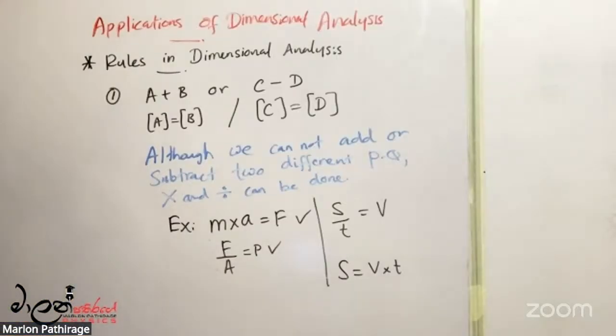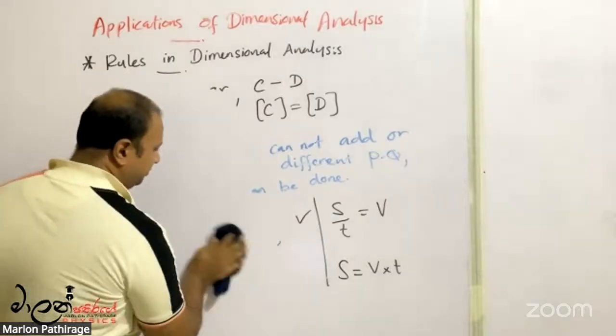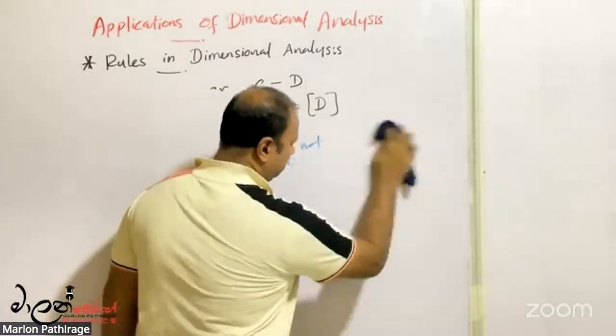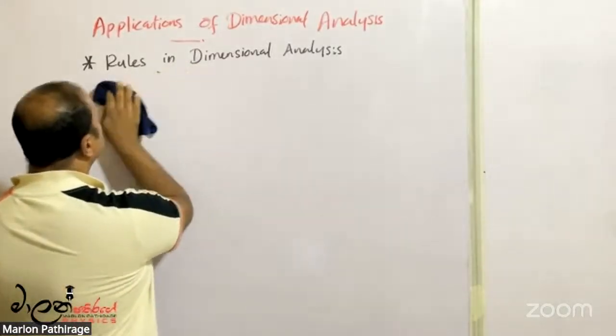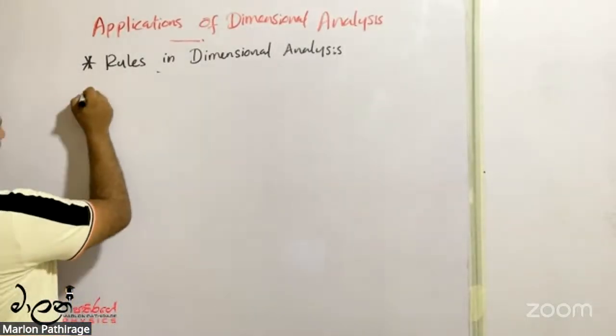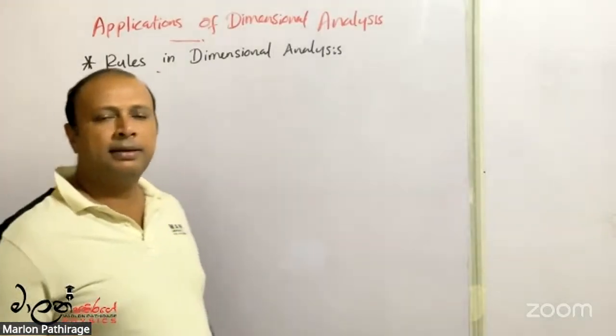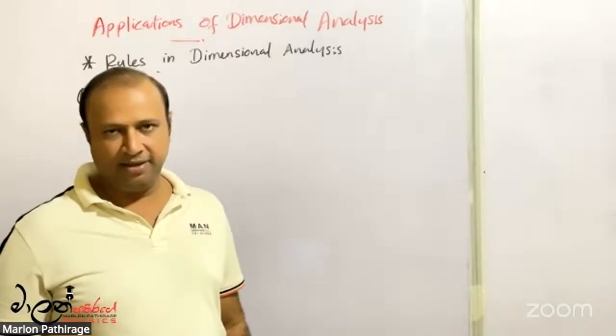Okay. Now the second rule. This is the first rule, then the second one. Now, suppose there's an equation.